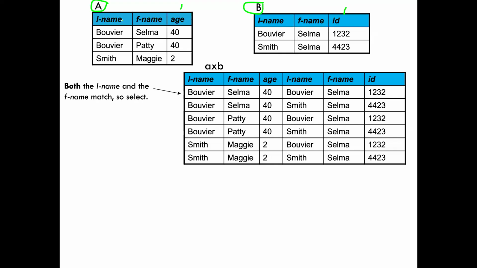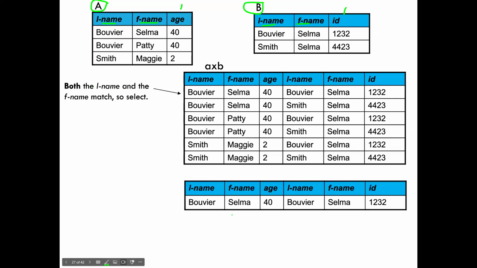With the same attribute names, you can see L name here on A, L name here in B, also F name in A and B. So now you have to join both of these attributes. So basically, let's see the result. Both L name and the F name match. So select, and then you put it here in the result and take a look, see here.